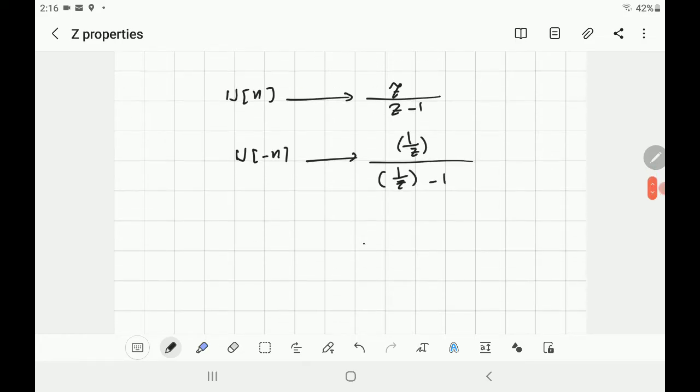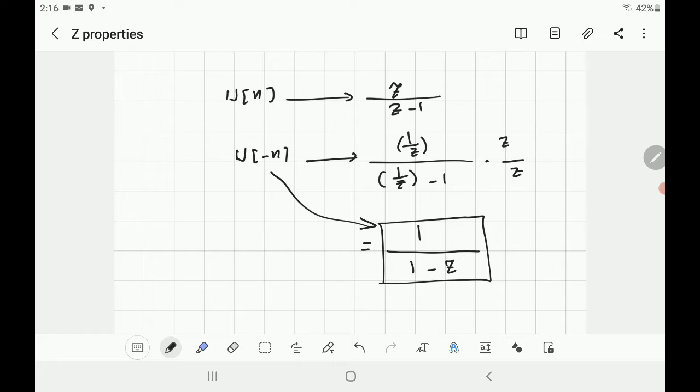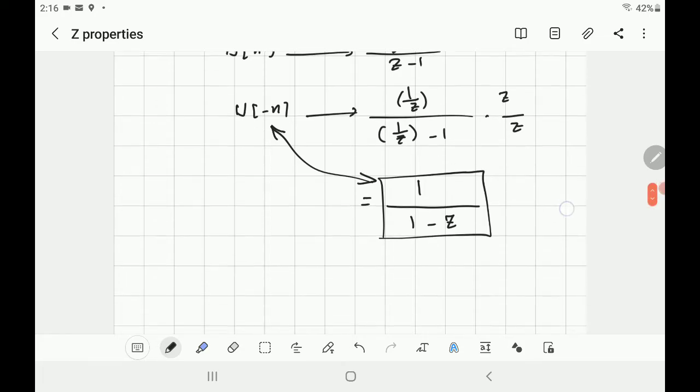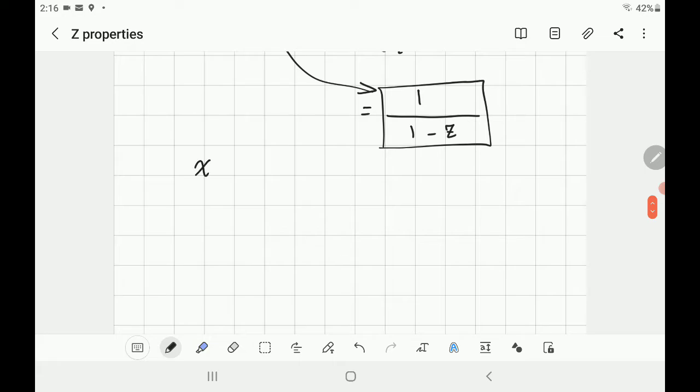And just to simplify, multiply the top by z and the bottom by z; z times 1 over z is equal to 1. And that will be equal to 1 over 1 minus z. So that will be the z-transform of this sequence.